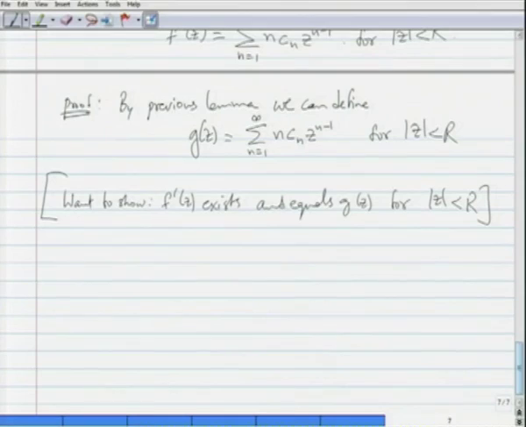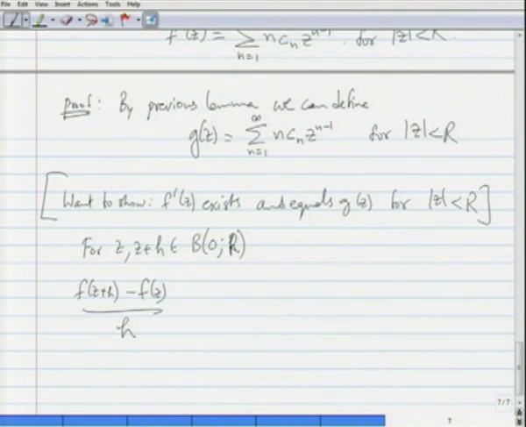Okay. So, for z, z plus h within the disk of convergence, we will consider the expression f of z plus h minus f of z by h, which is the difference quotient of f at the point z, and then its difference with g of z. Okay. So, this subtraction gives you, well, what is f of z plus h?